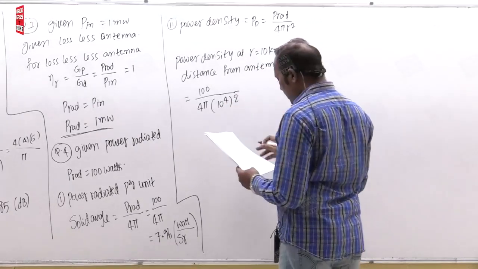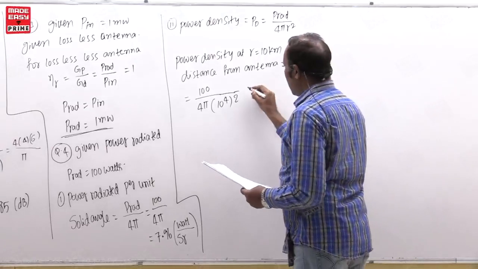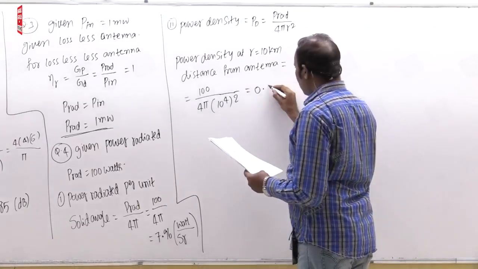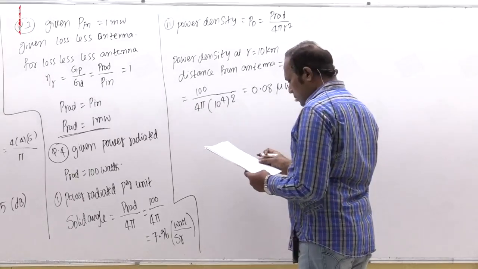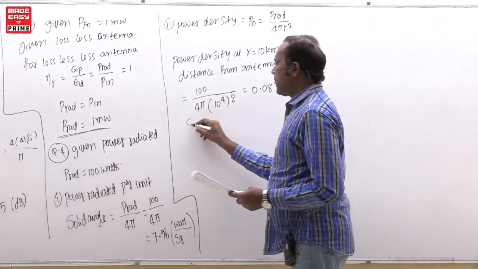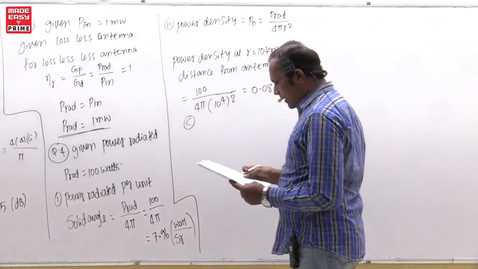Then you get 0.08 microwatt. So I think option C is matching there. So that is the answer, right?